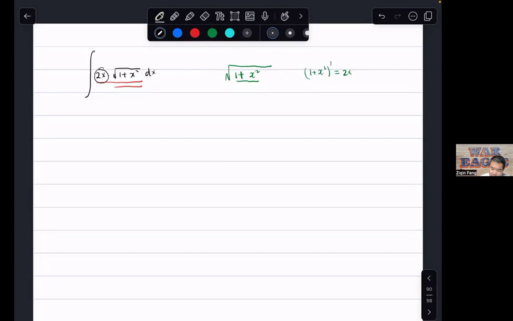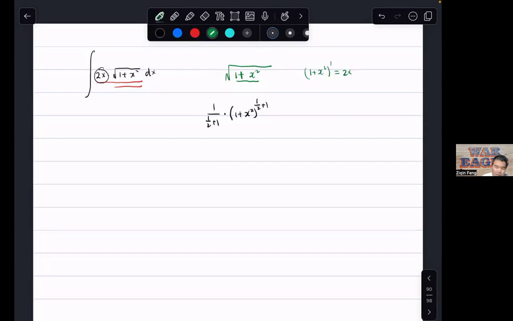We know that is 1 plus x squared to the power 1/2 plus 1, then times 1 over 1/2 plus 1, right? Now, if you look at this function, the derivative of this function is the function we have in our integral, right? So this gives you the idea here.